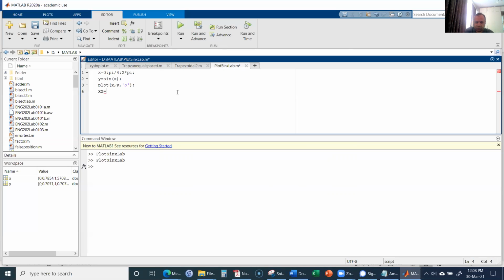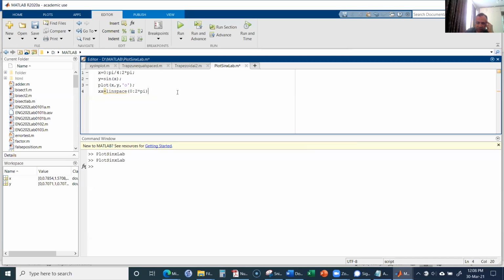So for example, if I want to interpolate some certain values, maybe I can take these values from 0 to 2 times pi, but I want about 100 values. Therefore, I can use the command linspace, linspace 0 to 2 pi.